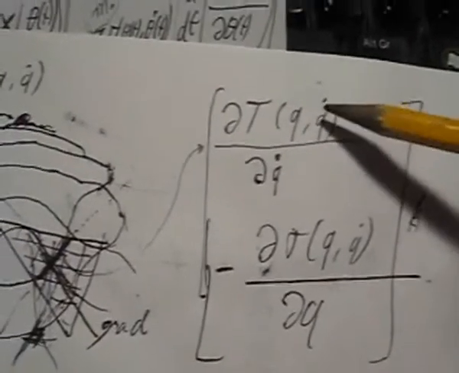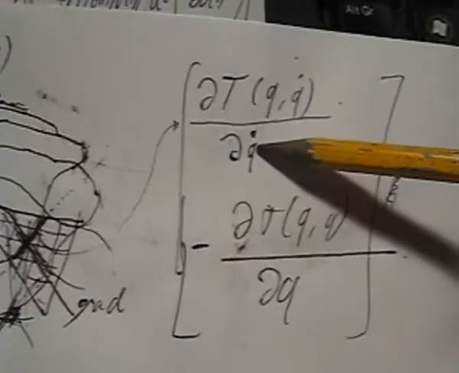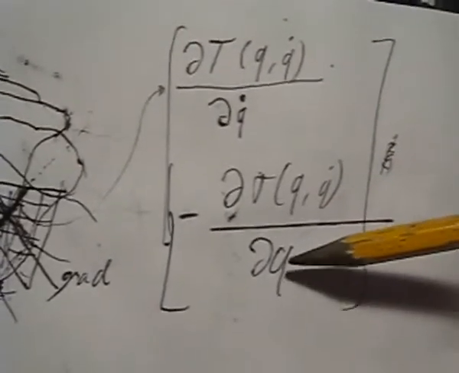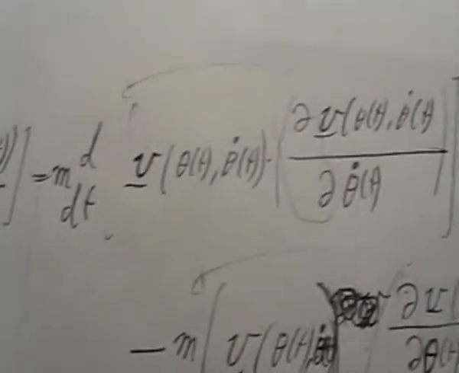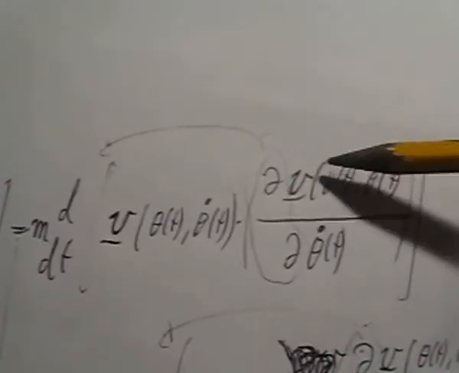Just very easy. Since in a way we will need, in a relation, one derivative with respect to the q dot, which in our case is the theta dot, and one with respect to the q, we will try to manipulate so that one has the derivative with respect to q dot and one with respect to q only. Okay, let's see who are the best candidates. Let's see our equation rewritten. We have this.